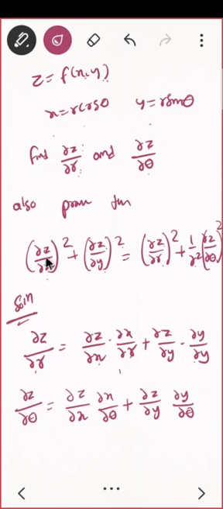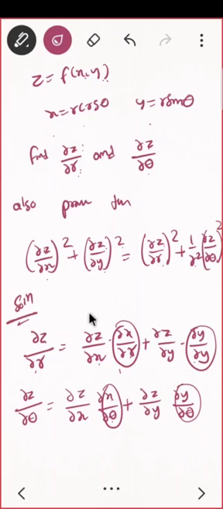You just find dou z by dou x, that is easy. Just substitute it here. You'll get that. Put everything in the same. See, you know these things, you know this, this, this, and this. You just need to substitute in this. Either put in the right hand side, you'll get it in terms of left hand side. Correct? Will you do that?